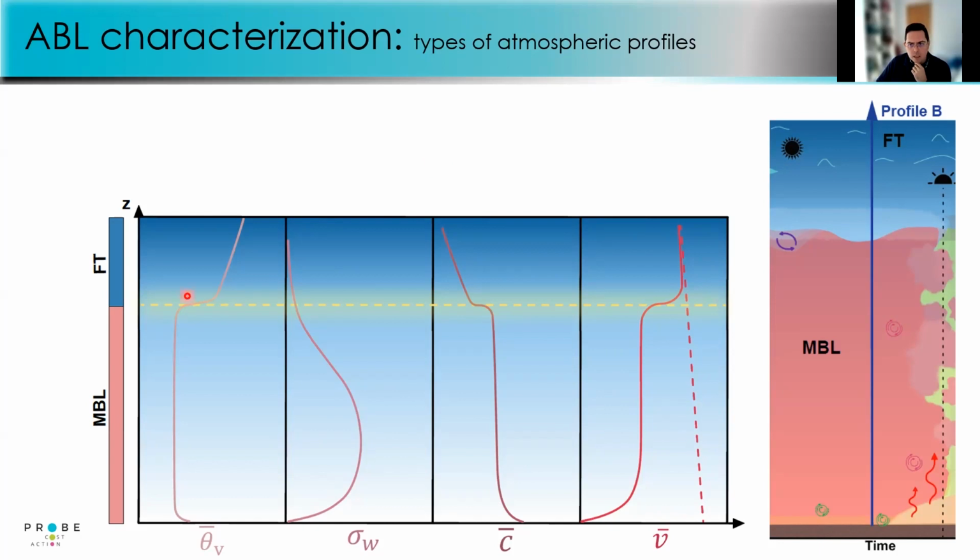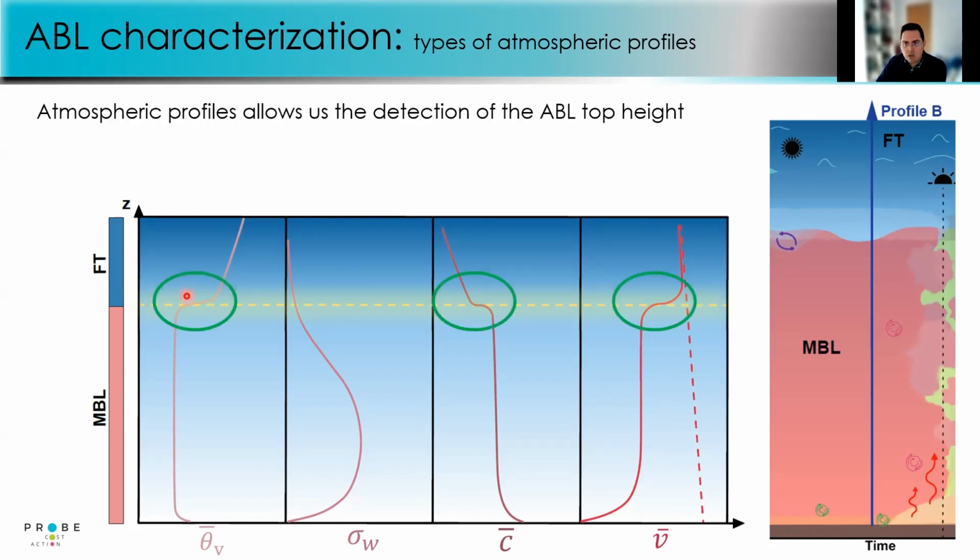If we check each one of these profiles, we can see that we have sharp changes of the profile, that can be used to determine where is the ABL top height at this part. But to do so, we need vertical resolved profiles of each of these quantities. So we need instruments to do so.